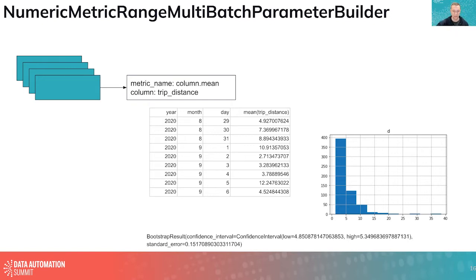In this case, we're then using a bootstrapping procedure to estimate what we think is a likely valid range for the daily mean of data from the taxi data. So the thing that's noteworthy here is exactly that what we're looking at is a very reusable parameter builder, but one that can also be tweaked.